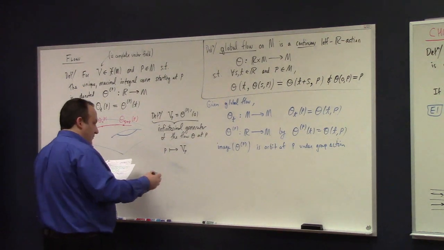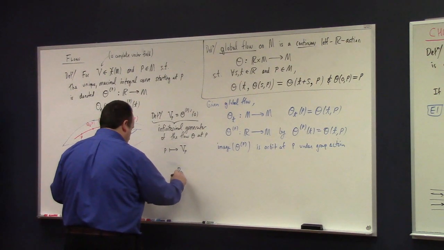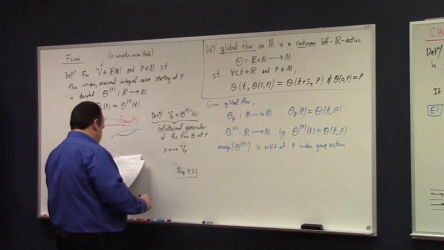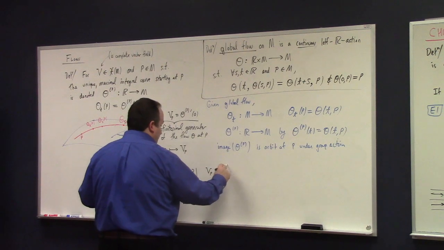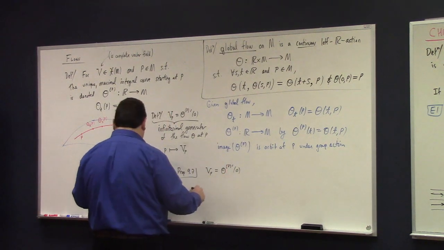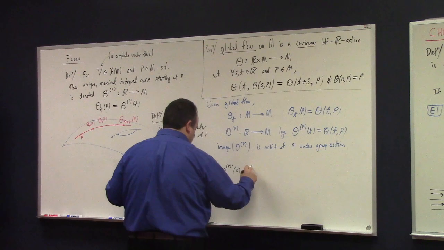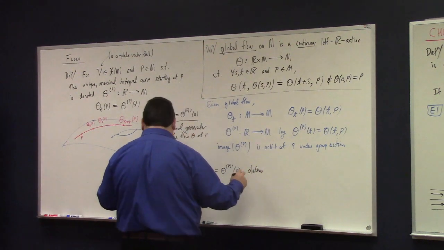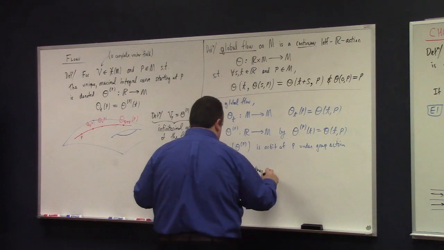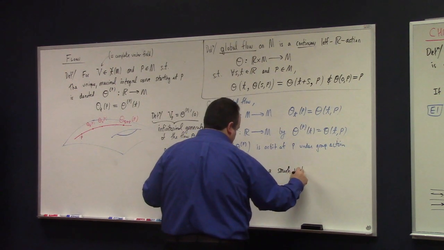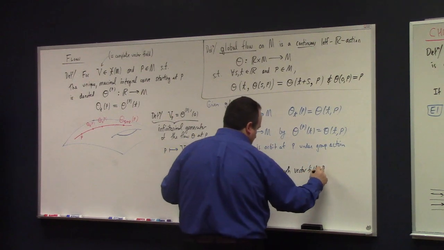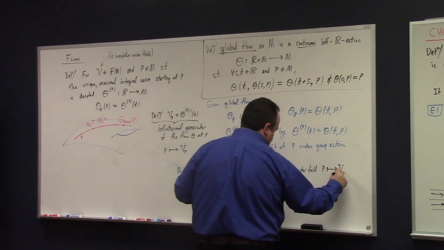And so proposition 9.7 says simply that V_P equal to theta upper P prime of 0 defines a smooth vector field, P maps to V_P.